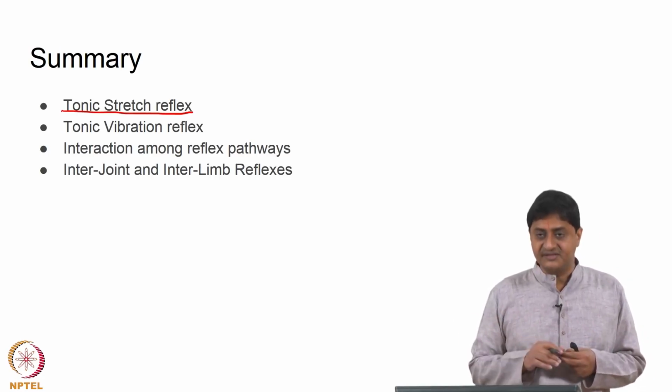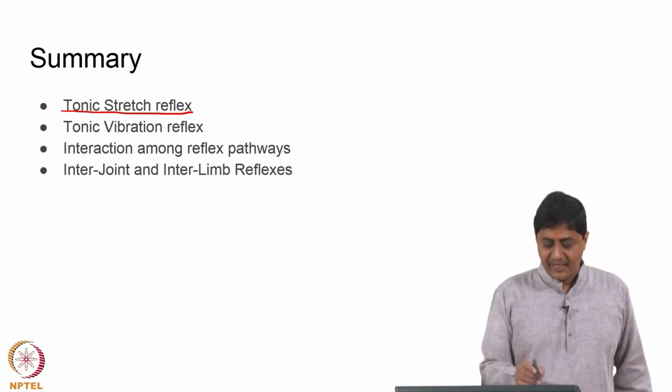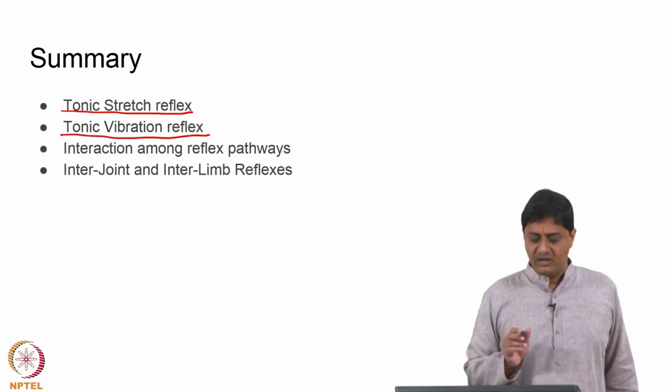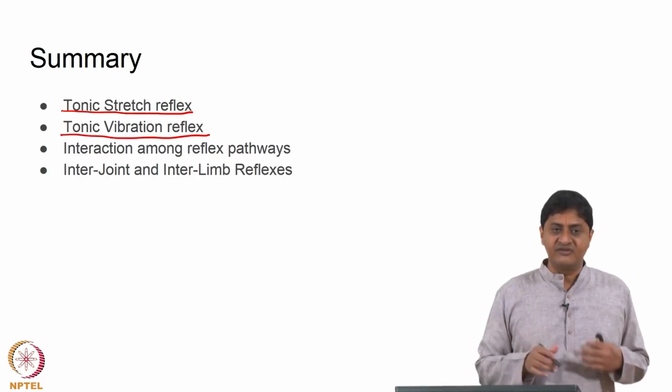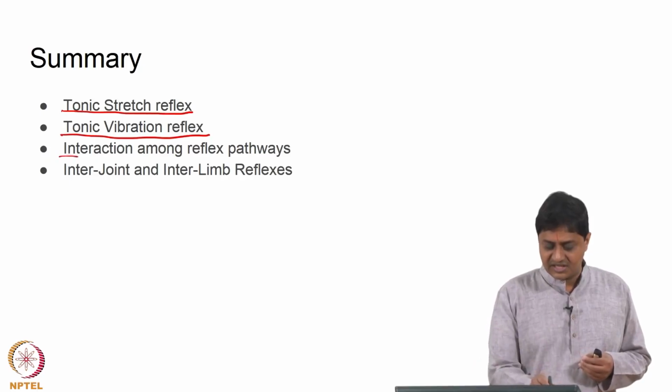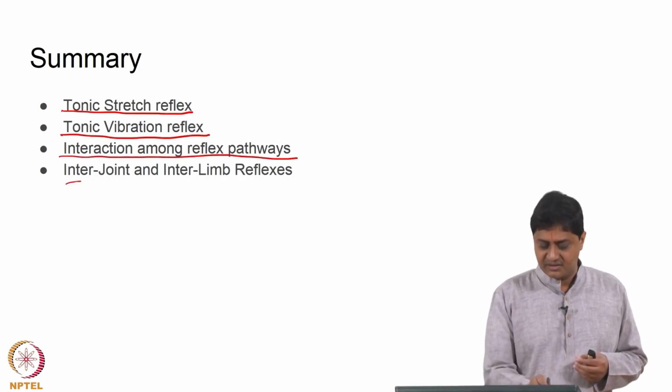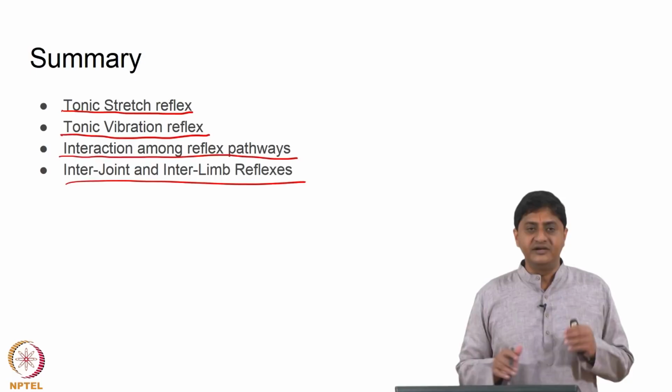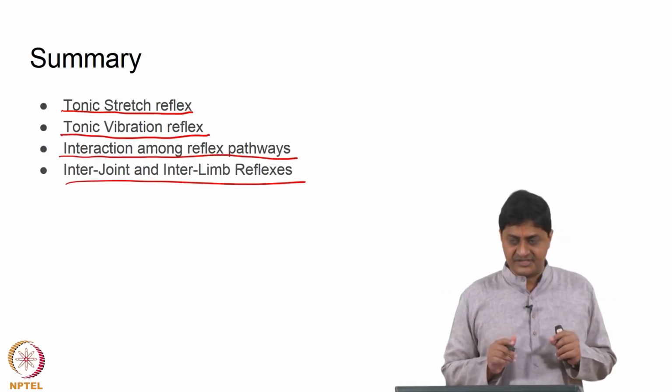We will discuss this in greater detail in future classes. And tonic vibration reflex and how vibration causes a difference in the H reflex amplitude, and interaction among reflex pathways, and there is the case of interjoint and interlimb reflexes.